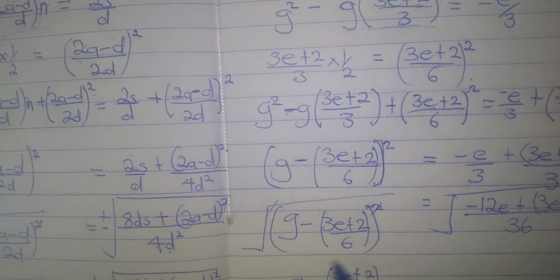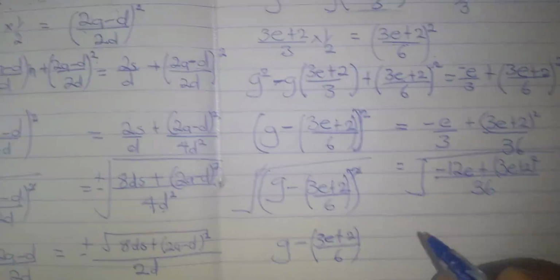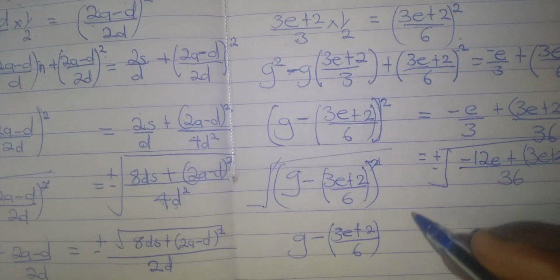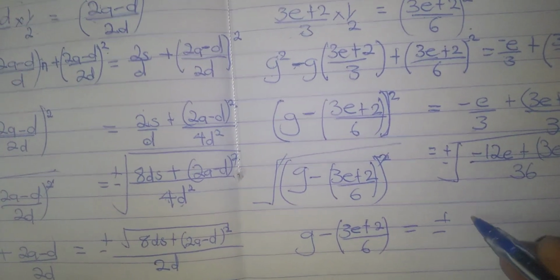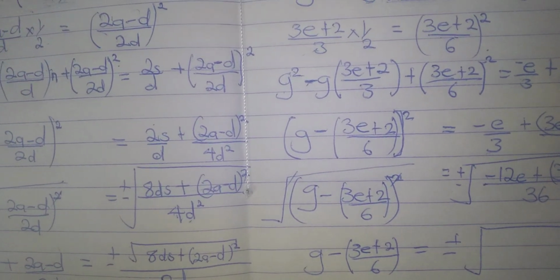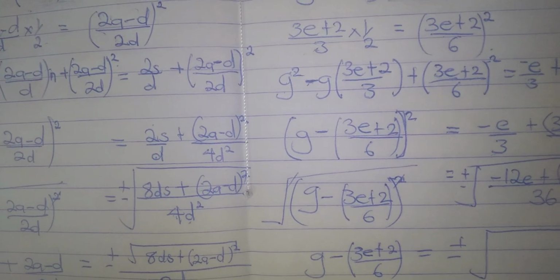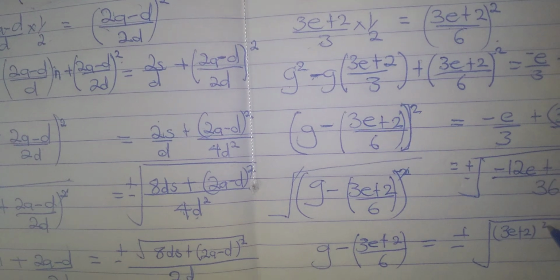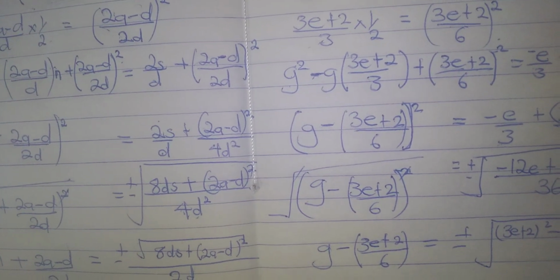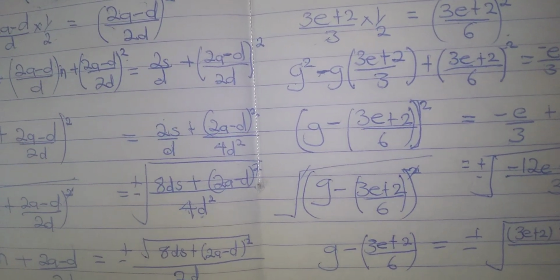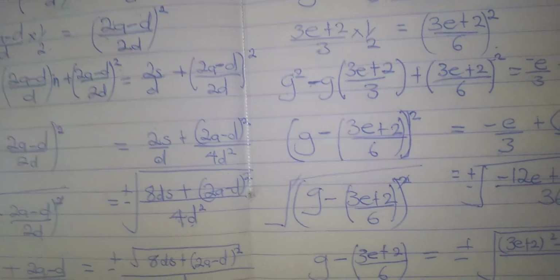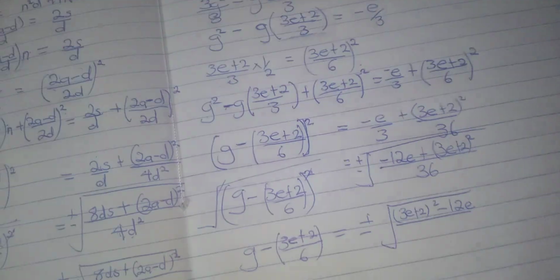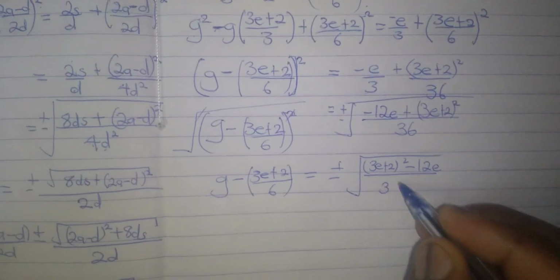This sign only affects what is in the numerator, and the square root of the result is either positive or negative. I can decide to begin with a positive first. So I say 3e plus 2 squared. Then I can bring this next, minus 12e over, okay, it is over 36, but actually 36 has a perfect square root.